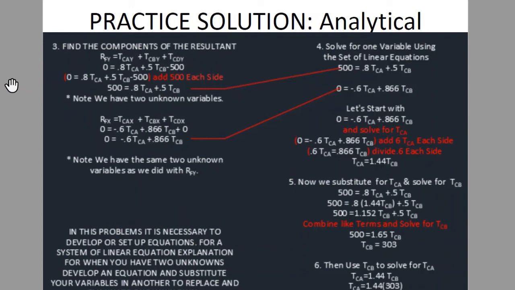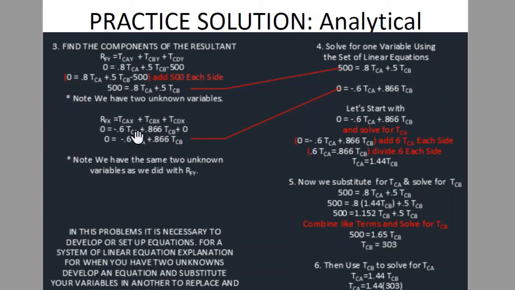And we have 0.8 TCA plus 0.5 TCB minus 500. Then we add 500 to each side to cancel it here. And we end up with 500 is equal to 0.8 TCA plus 0.5 TCB. Note we have two unknown variables, TCA and TCB.